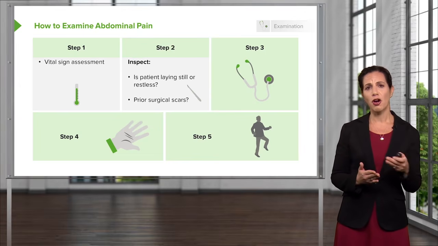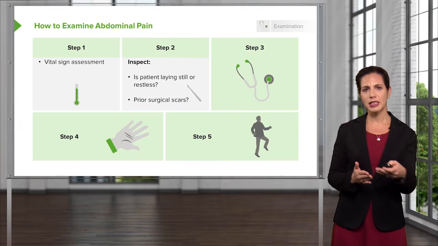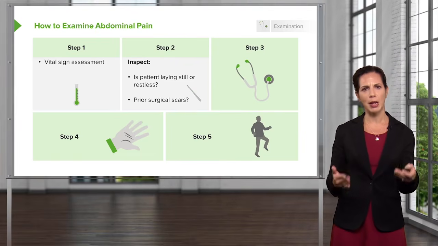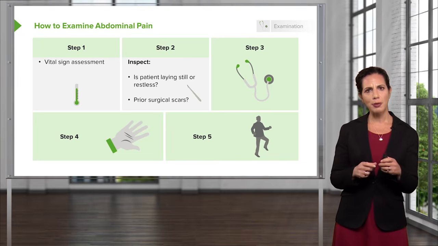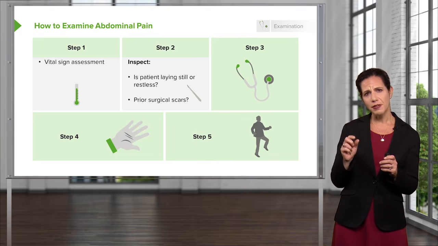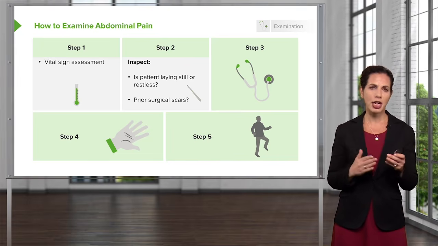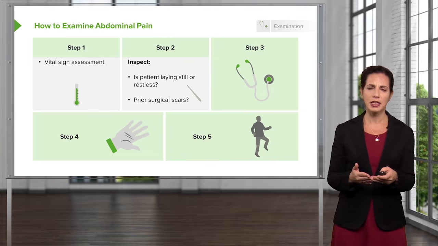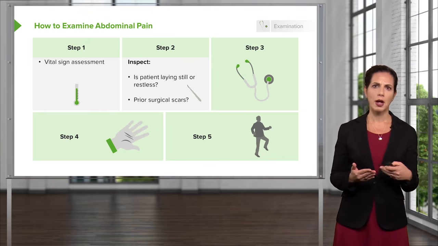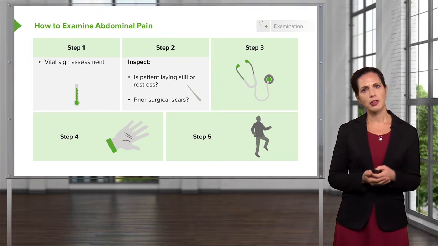Surgical scars are becoming harder to notice, especially with more and more people getting laparoscopic surgery, because those scars are very, very small and are often placed in less noticeable areas. One classic place is just around the umbilicus, and those can be a little bit harder to pick up on.